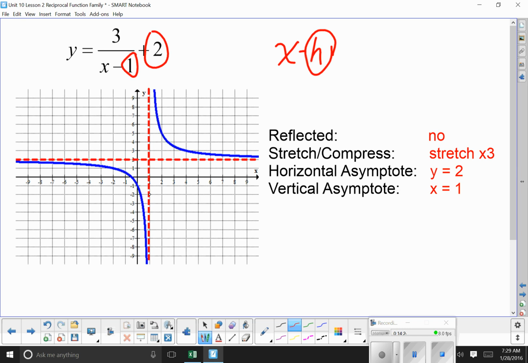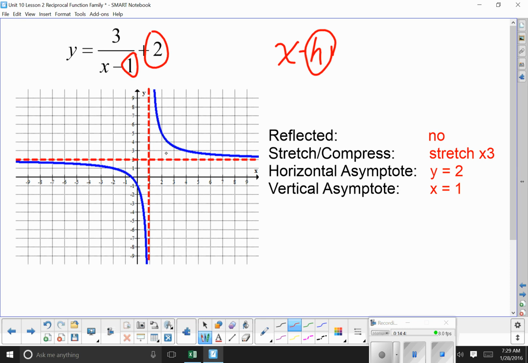So you dash in the asymptotes, and then you stretch it. Instead of going right 1, up 1, you go right 1, up 3. Same thing, left 1, down 3. And put a point. And then notice you're pulled out from the asymptote.